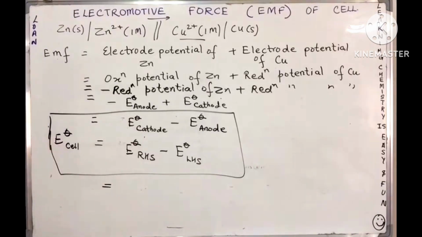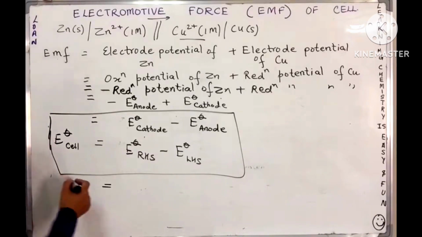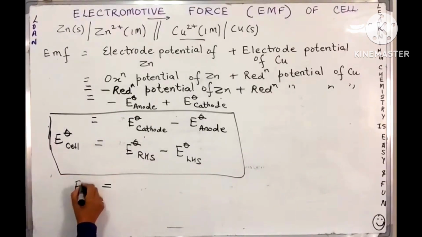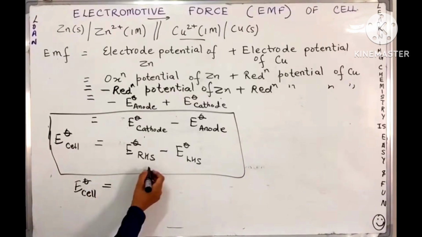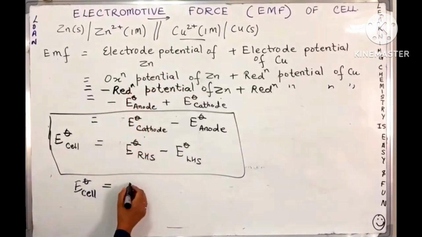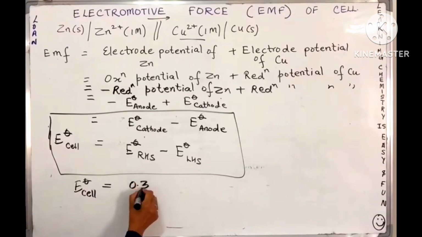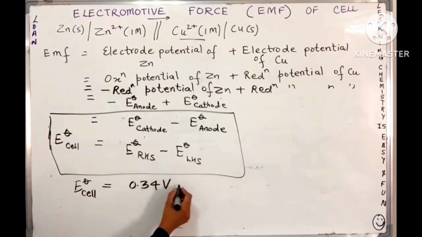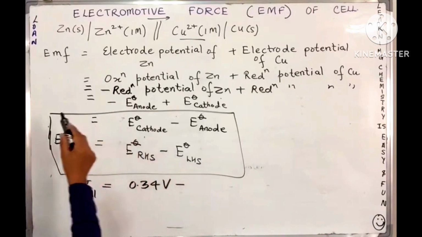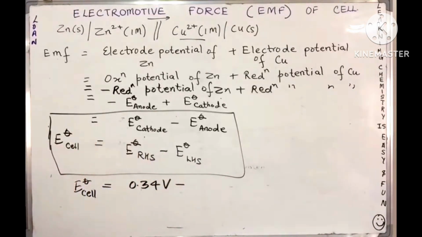Now let's calculate the EMF of this cell that we have got at hand. So standard EMF of this cell is the EMF of the right hand side, that is copper, that is 0.34 volts, minus EMF of the left hand side. Now, while comparing with hydrogen electrode, we had determined that 0.76 is the oxidation potential.